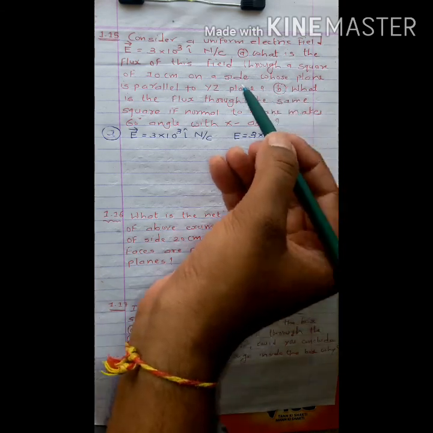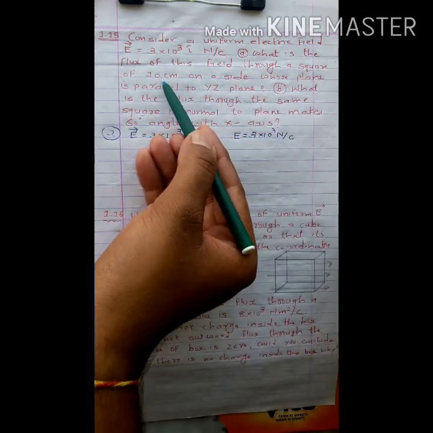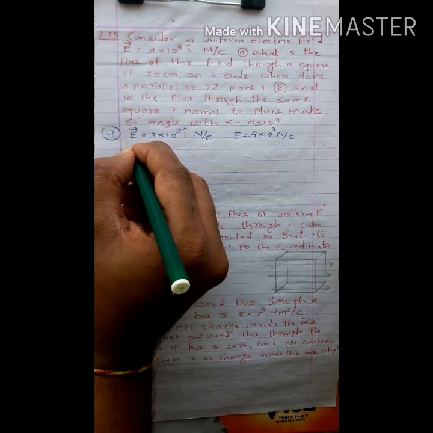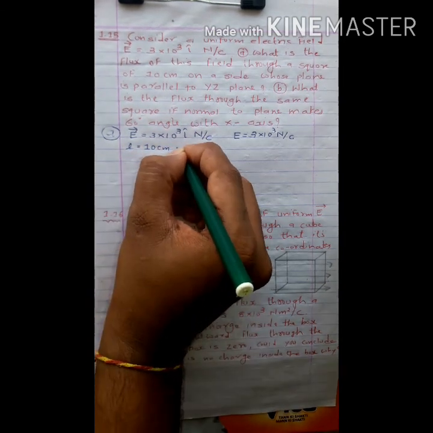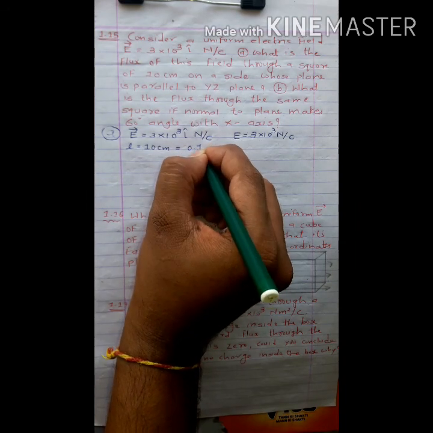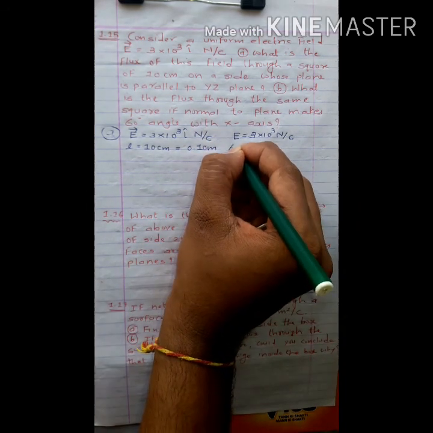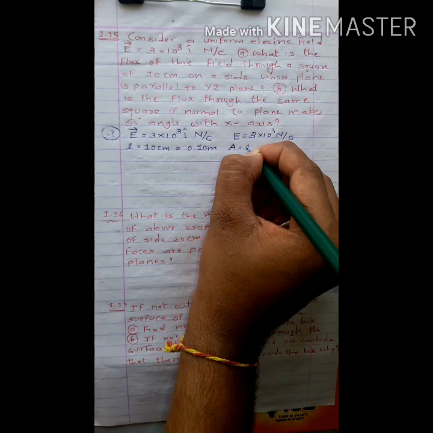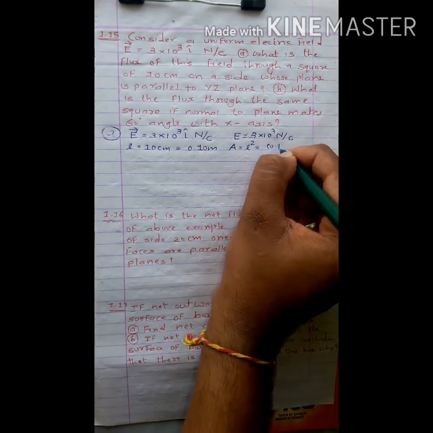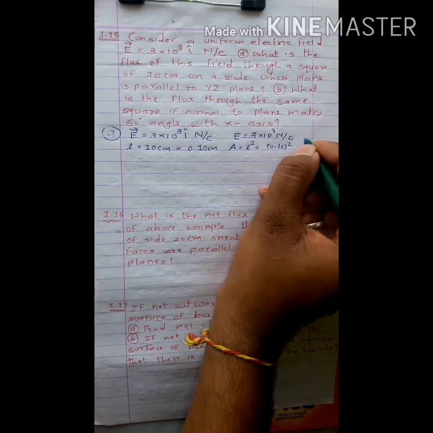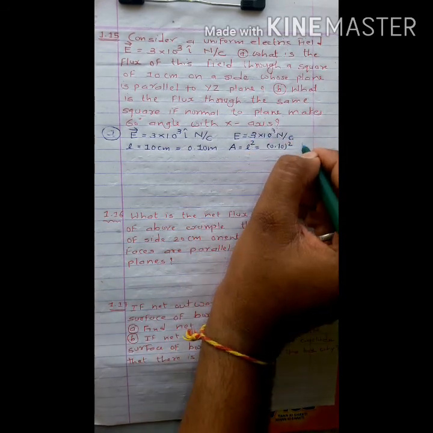Now we have a square whose length is 10 centimeter, so L is equal to 10 centimeter, which means 0.10 meter. Therefore area of the square A is equal to L square, which is 0.10 square.